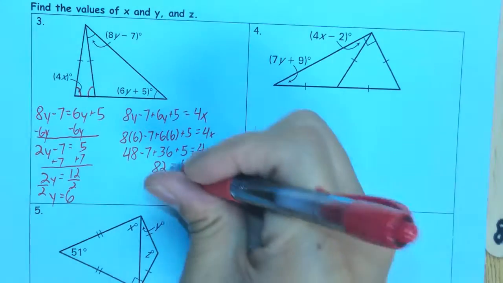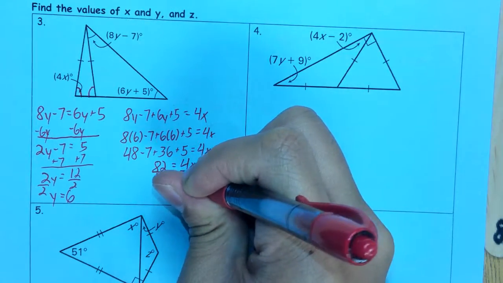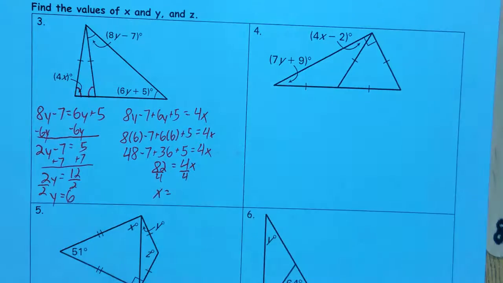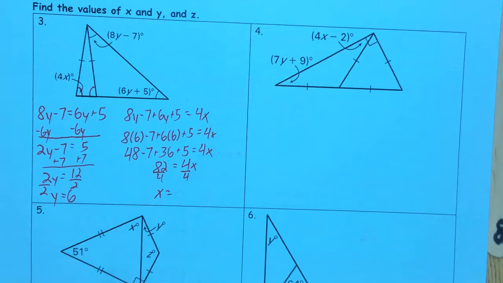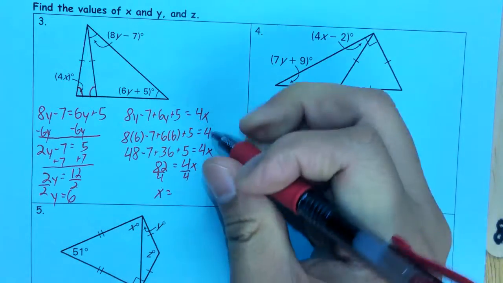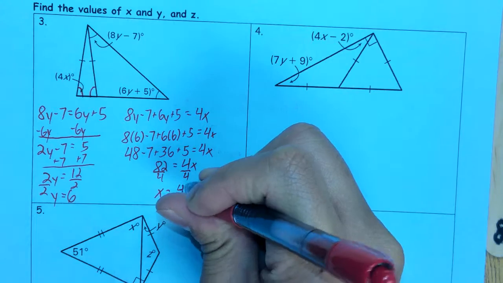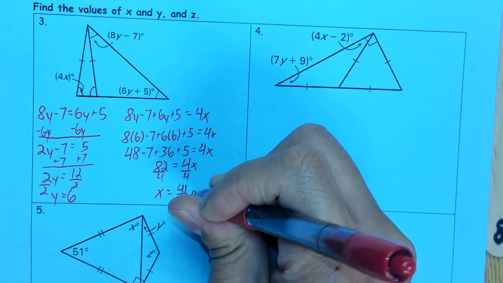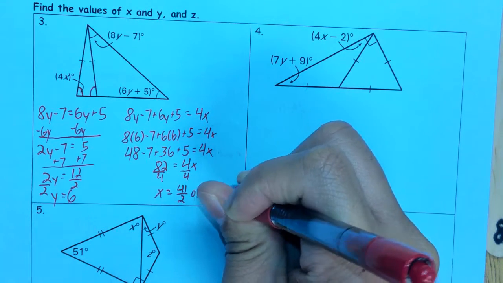And dividing both sides by 4, we get x equals 41 halves or 20.5.